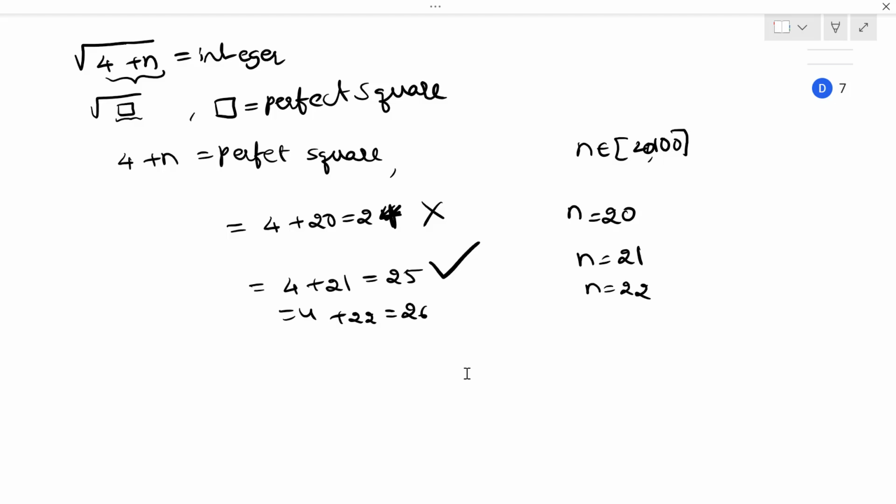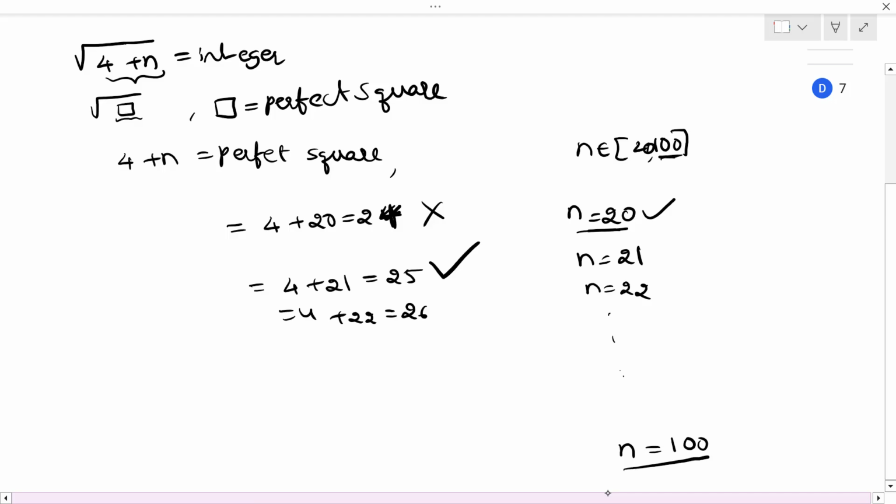Instead, what you can do is, you have substituted the least value possible, 20. Now, let us suppose you substitute the highest value possible, that is n equal to 100. Then 4 plus n is 4 plus 100, that would be 104. This is not a perfect square.